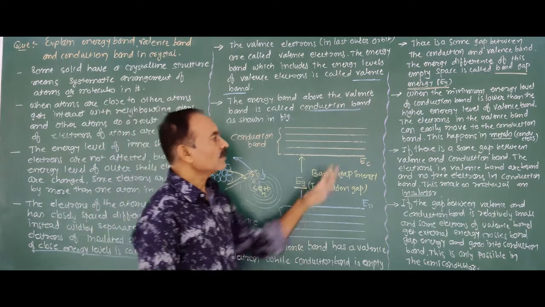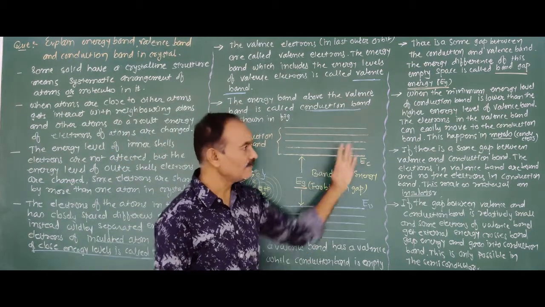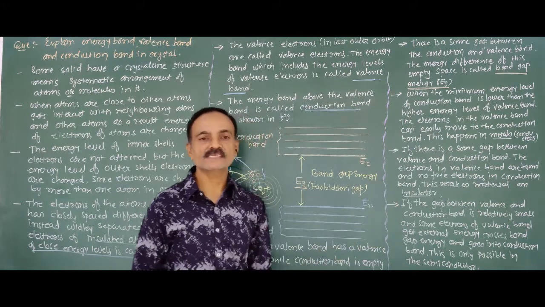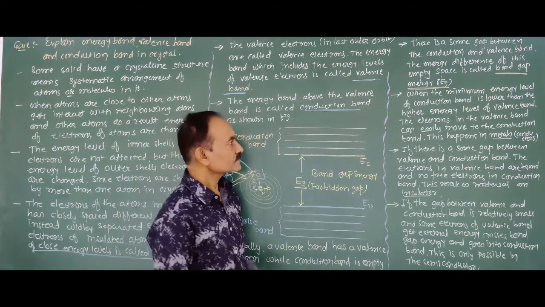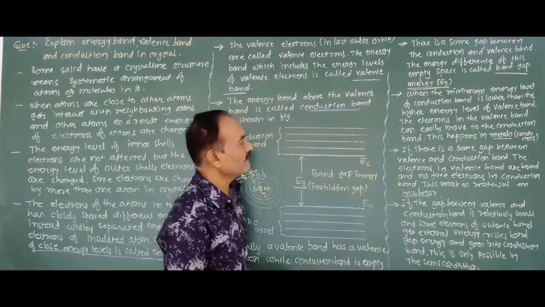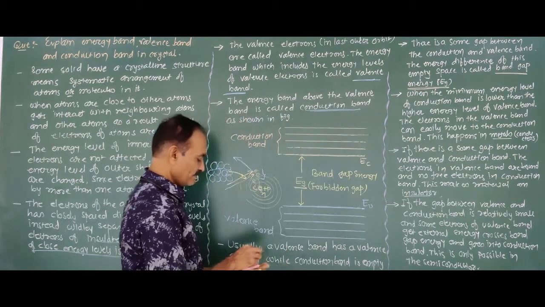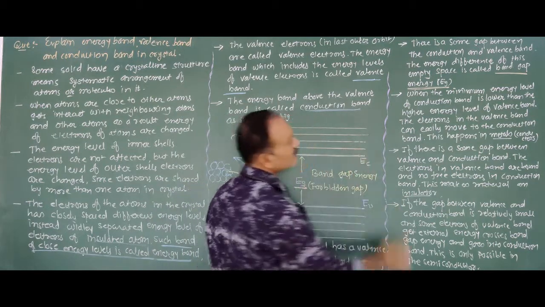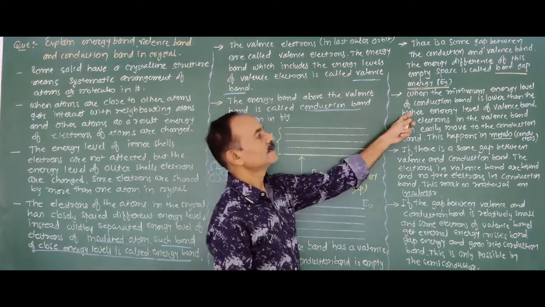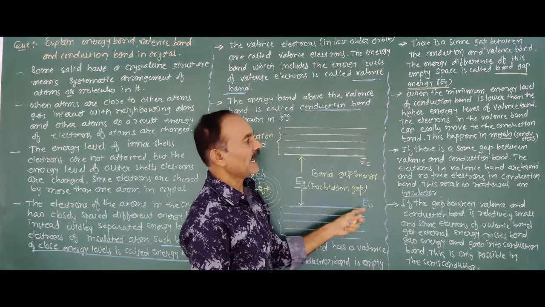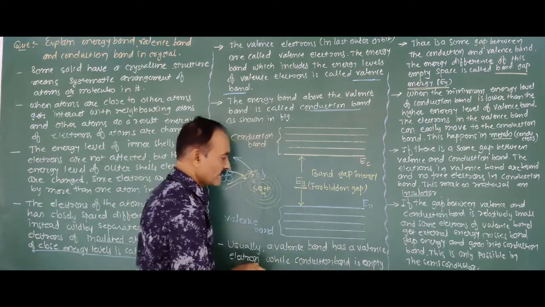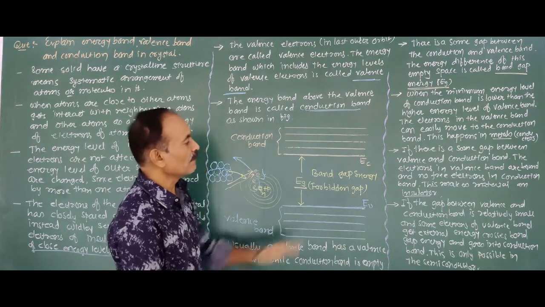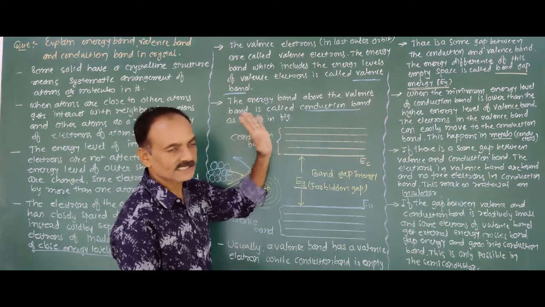Now, on the basis of this energy band diagram, what is the conductor, what is the insulator, and what is the semiconductor? When the minimum energy level of the conduction band is lower than the highest energy level of the valence band, that means both bands overlap each other.